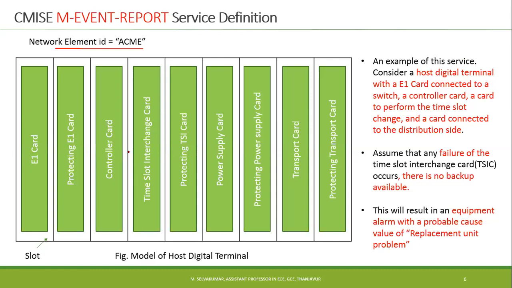Immediately, to keep providing the service to the users, they use the redundancy card. They have one more card in the slot. That card can be inserted and the problem card is taken out of the slot. To rectify the problem, the redundant card is available for the slot, it is inserted, and the users keep getting the services.